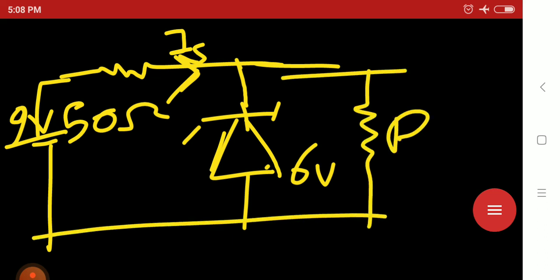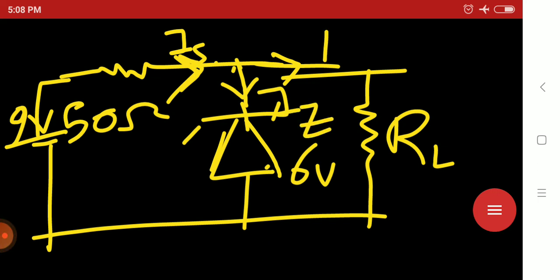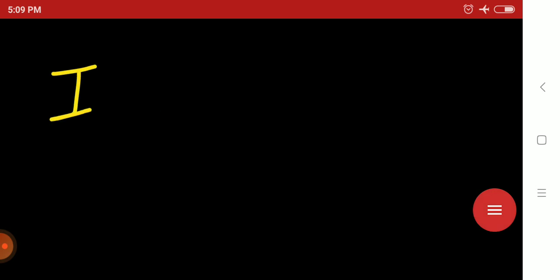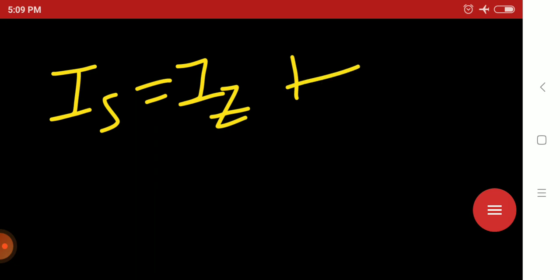Whenever input current Is comes, it is distributed into Iz and IL. So we can write Is equals Iz plus IL.